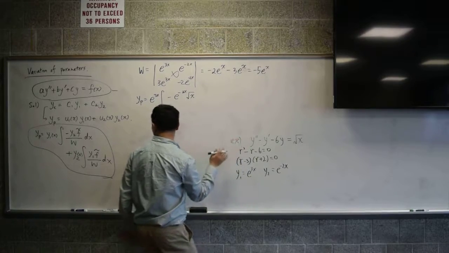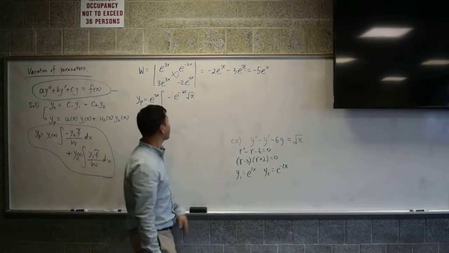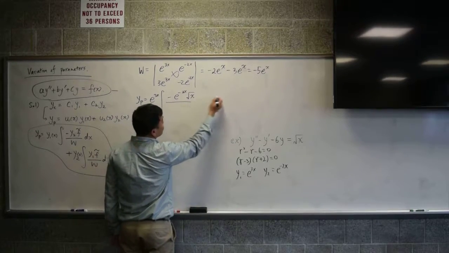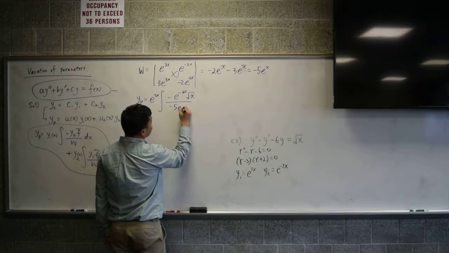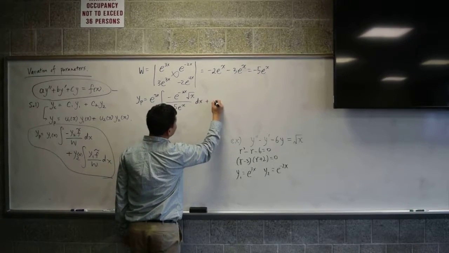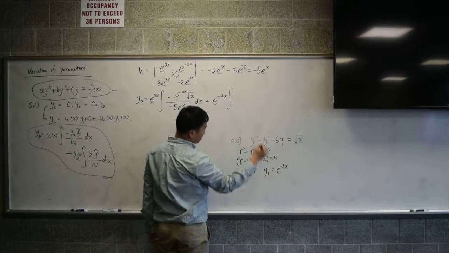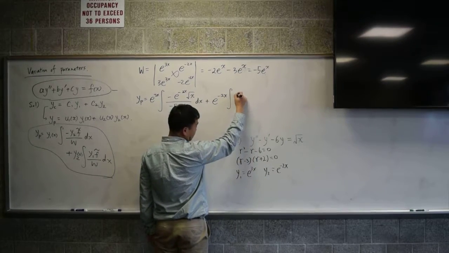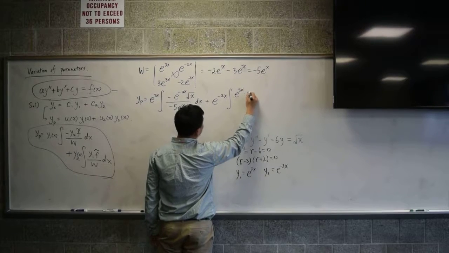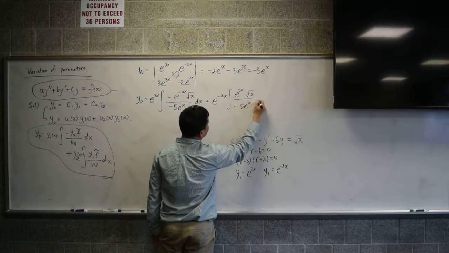In that case, we don't have to worry about this tilde. It's just the function on the right, okay? Divided by negative 5 e to the x, dx, plus e to the negative 2x times y1(x), e to the 3x, times square root of x divided by negative 5 e to the x.